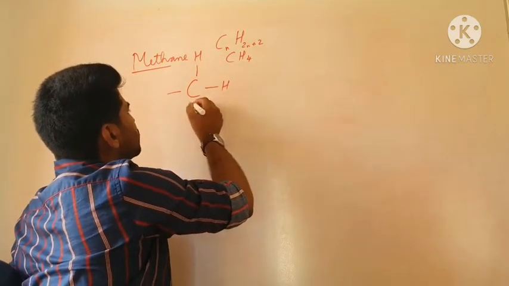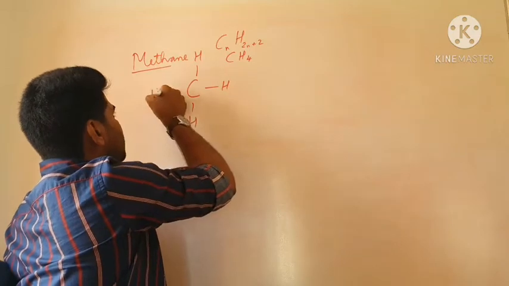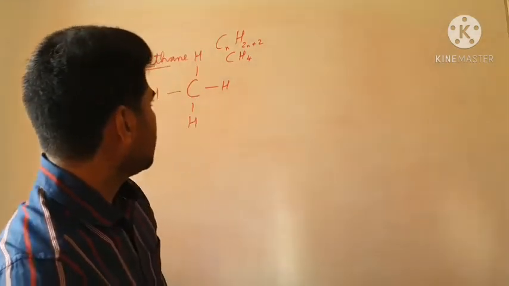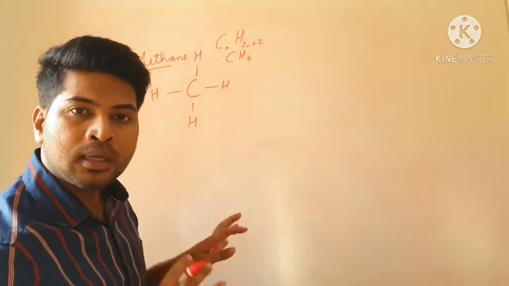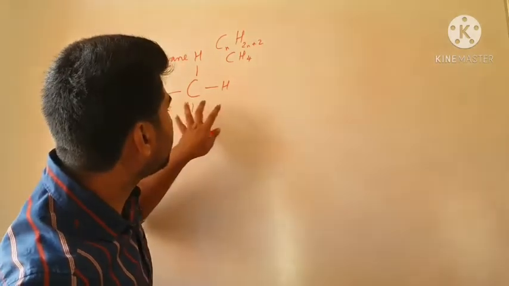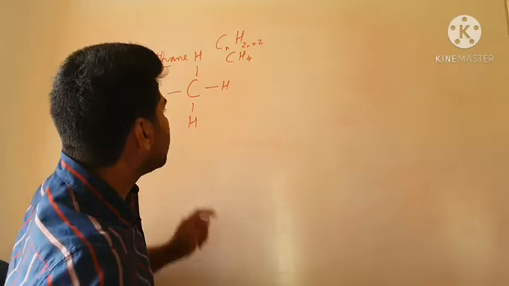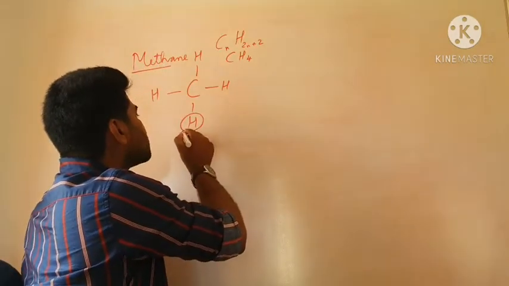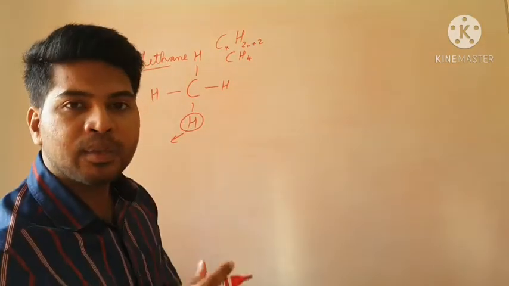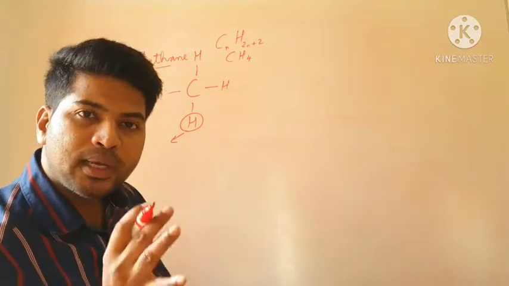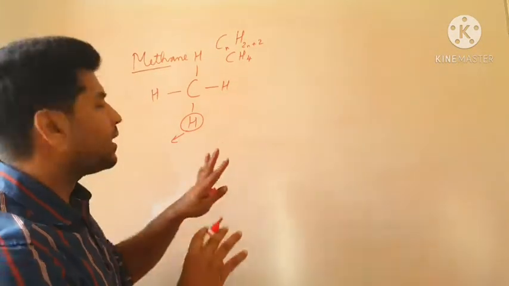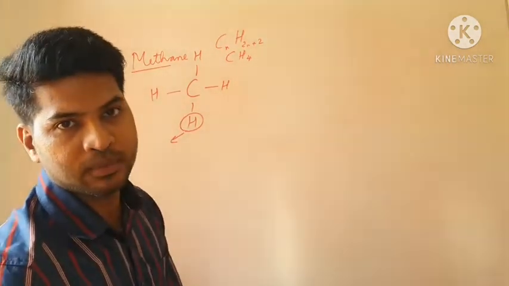So this is the structure of methane. Now, in order for carbon to form a bond with another atom, it has to displace one of the hydrogens. A hydrogen atom should be removed, only then can another atom take its position.